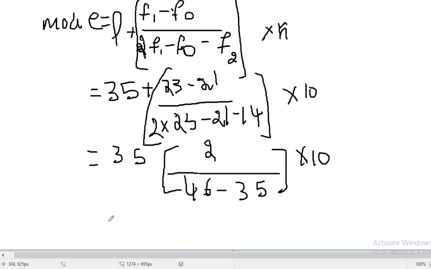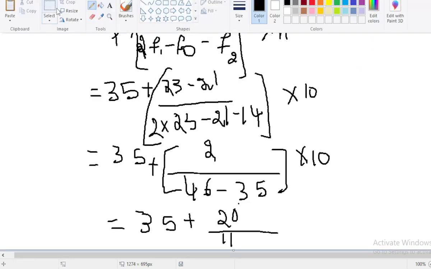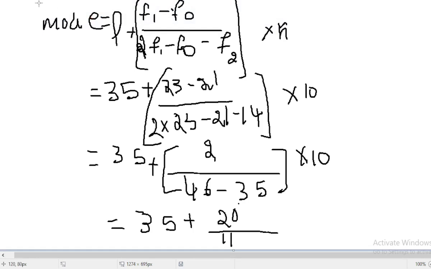So here we observe 35 plus 2 into 10, that is 20 by 11.